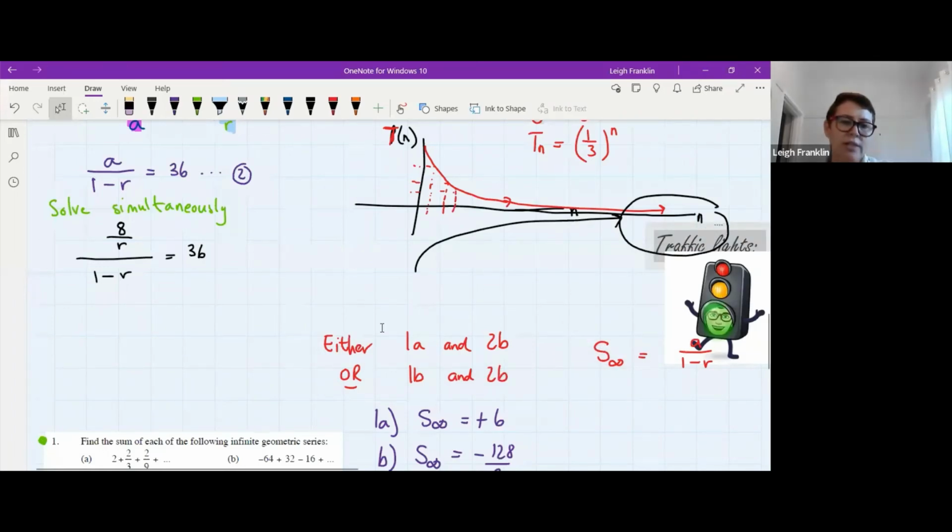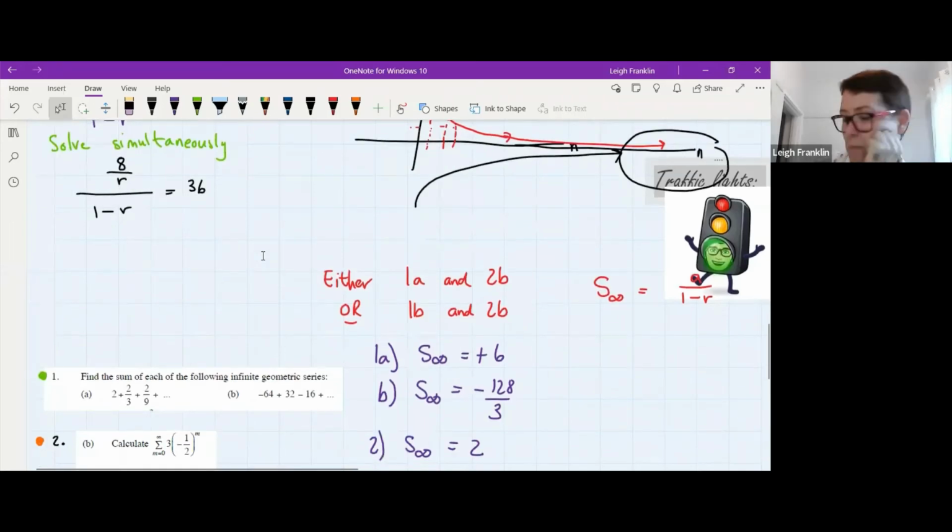And now the question is, where do we go from here, Matrix? What do you think we should do? Ma'am, don't you multiply the 8 over R? You're on the right track where you said multiply.